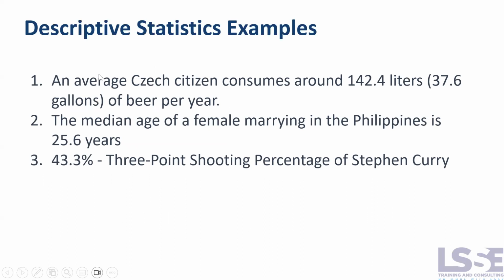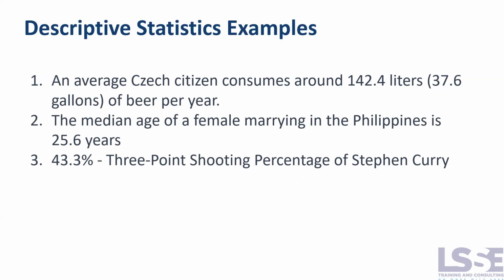So these are probably examples of descriptive statistics. The first one, an average Czech citizen consumes about 142.4 liters of beer per year. So it describes what a typical Czech citizen would consume, the amount of beer per year. Next one, an example of descriptive statistics.